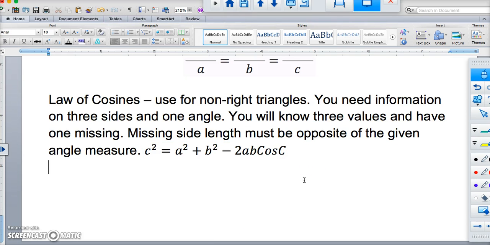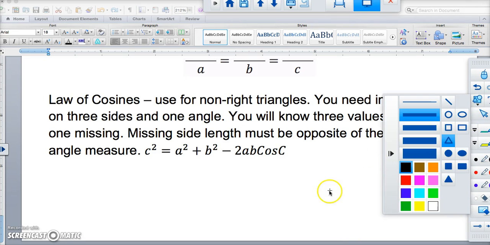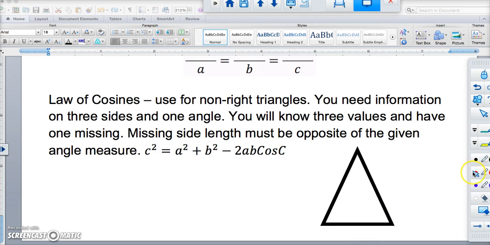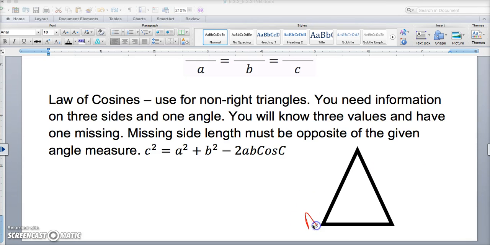And that should make more sense if I draw the triangle. So this is A, B, C, and this is A, B, C.